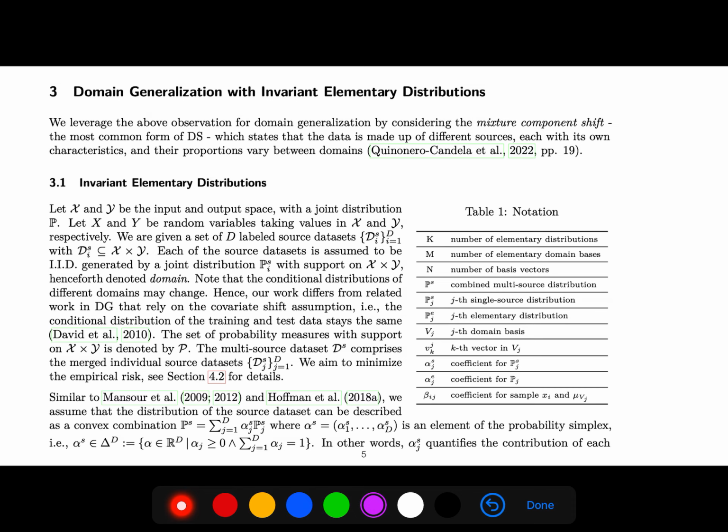And you see that P sub j is the j's single source distribution for the source, but P sub j sub e is the j's elementary distribution. So E here stands for elementary, S for source. Each of the source datasets is assumed to be IID.